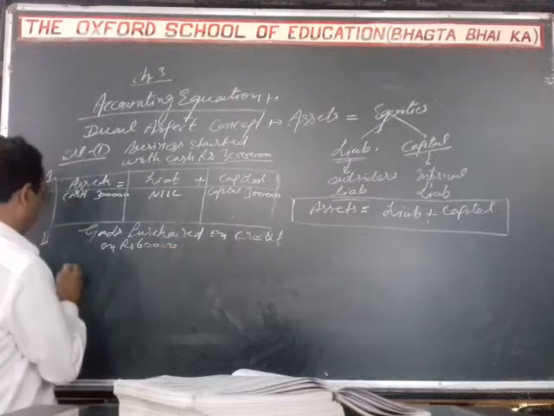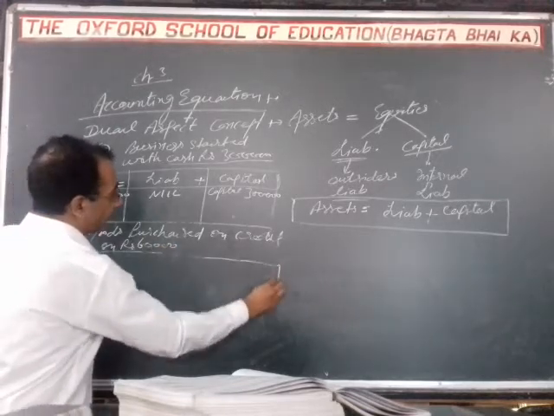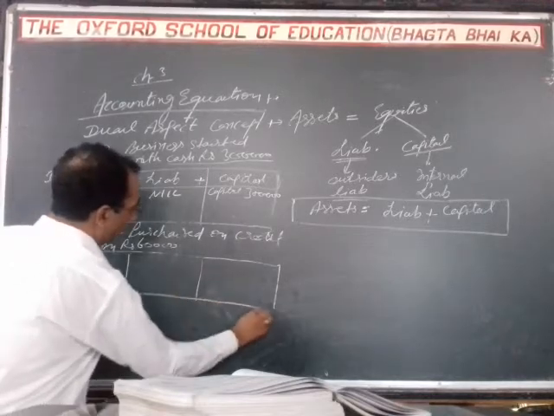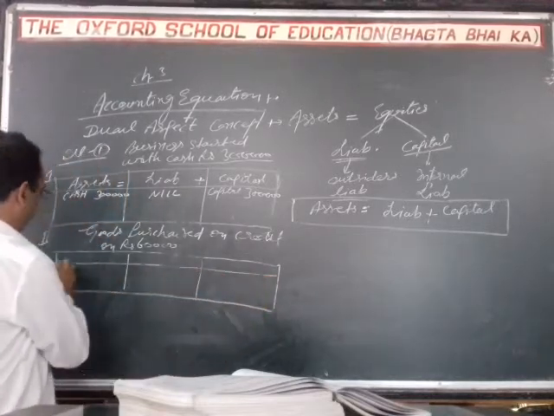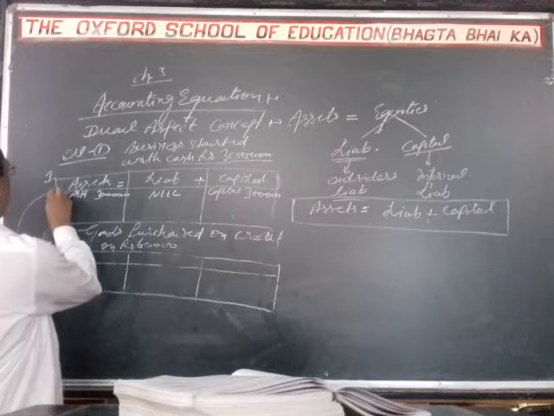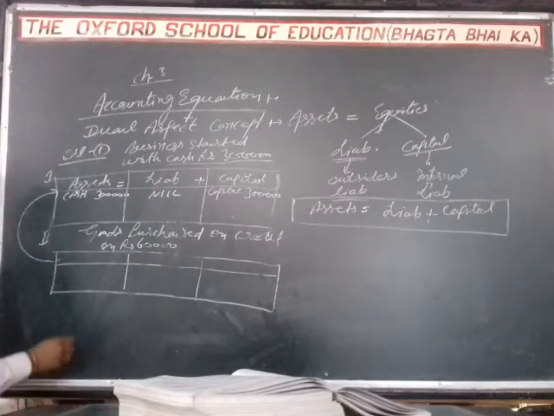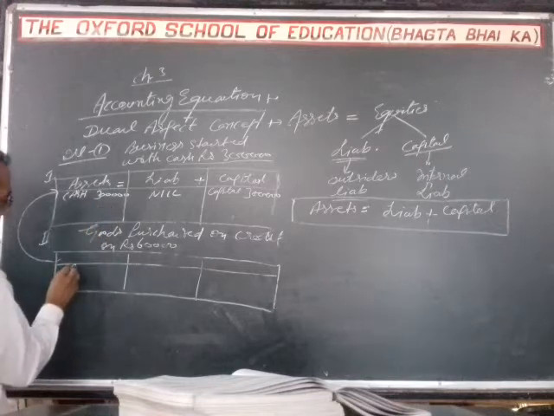Now we need to prepare the table again, but the second table is basically prepared on the basis of first table figures. So we have cash 3 lakhs.